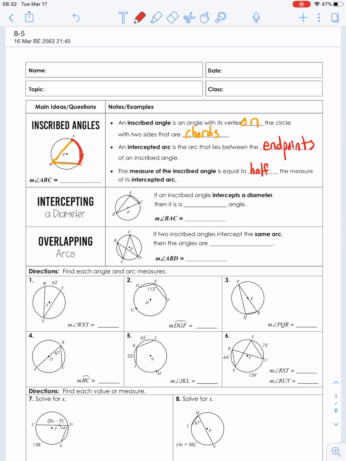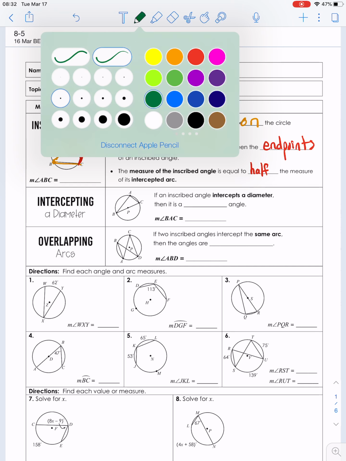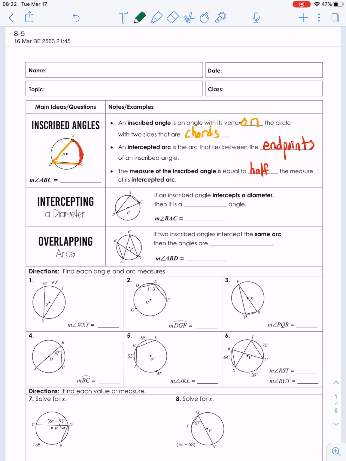So before, let's do a different color here, green. Before, with the central angle, we knew the central angle and the intercepted arc were the same. But the inscribed angle is half of the central angle and half of the intercepted arc.